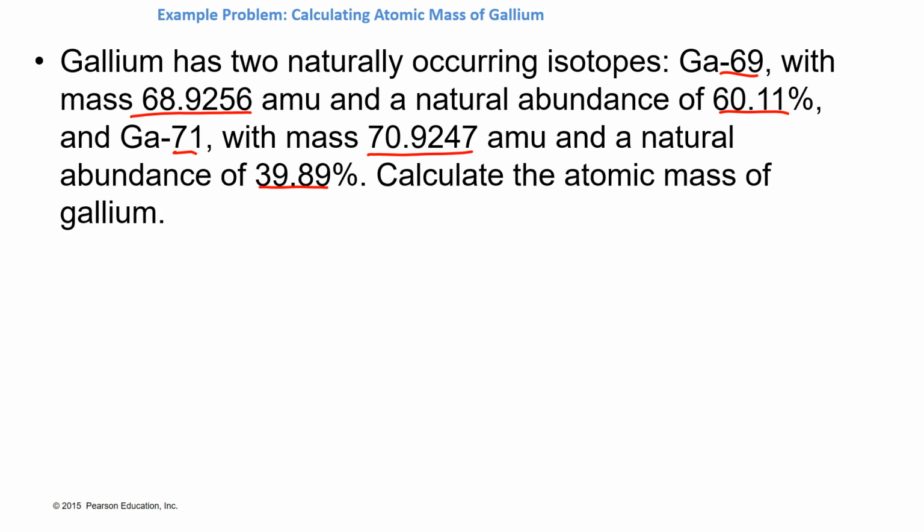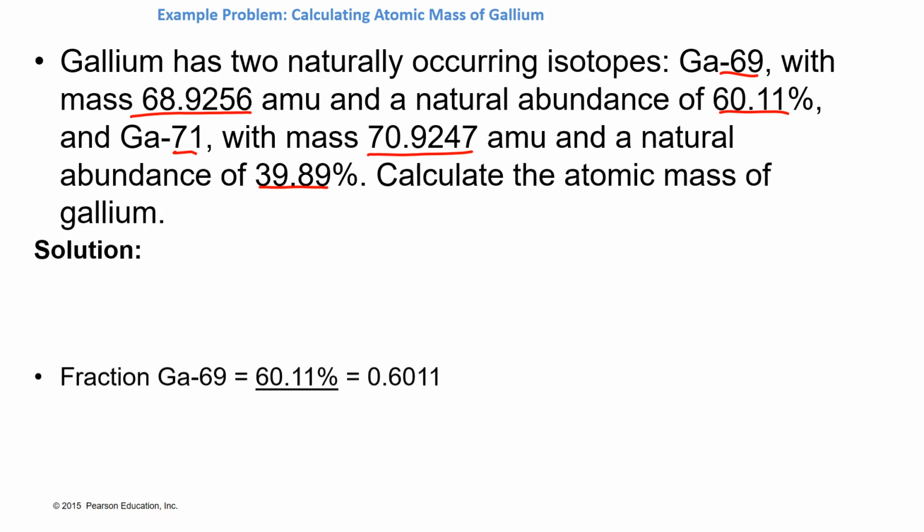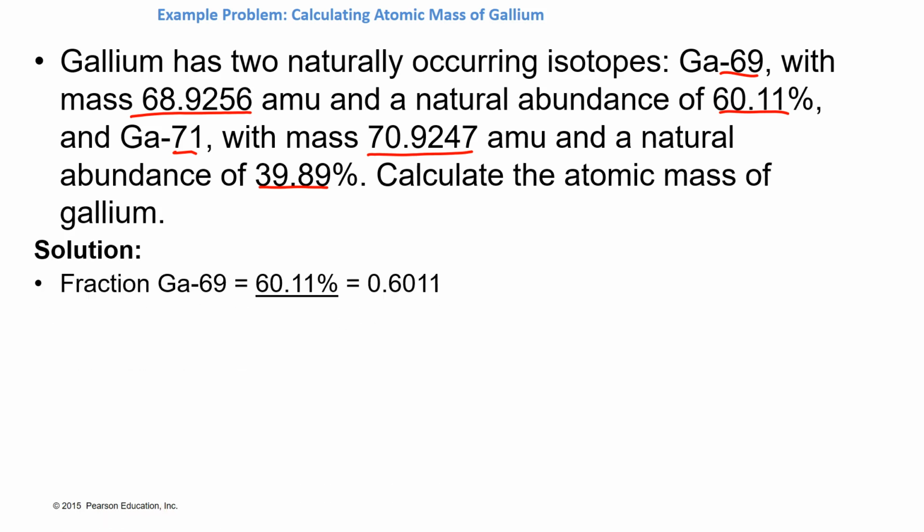The first thing I'm going to do is get the fraction of each of these. For my fraction of gallium-69, it's going to be 0.6011. It's 60.11%.